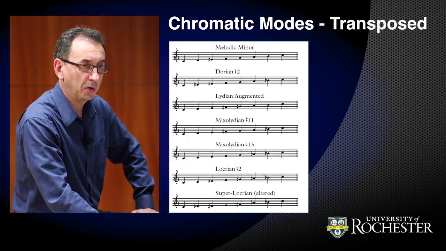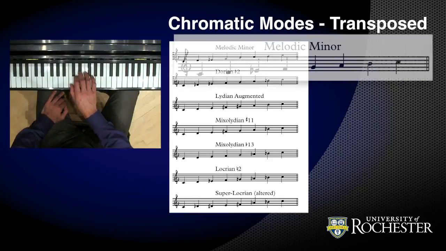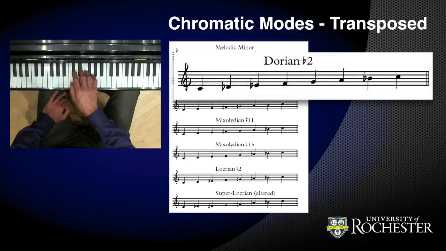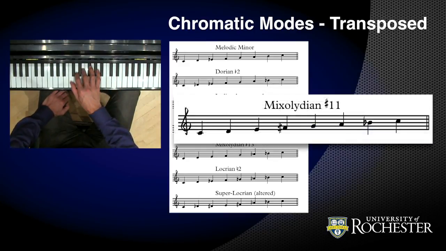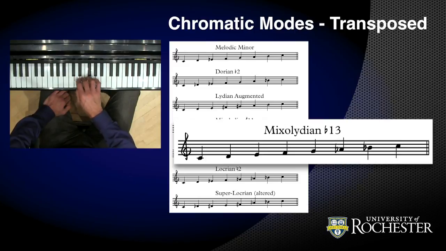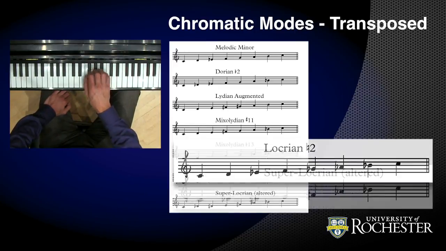So here are all chromatic modes beginning on C. C melodic minor, Dorian flat 2, Lydian augmented, Mixolydian sharp 11, Mixolydian flat 13, Locrian natural 2, and finally altered.